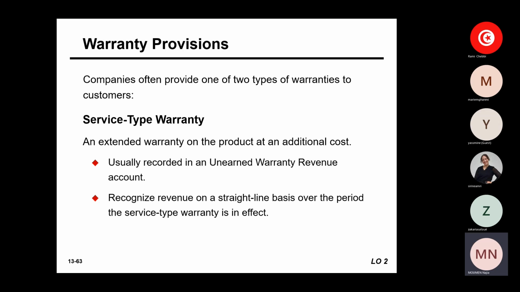It will be recognized as revenue on a straight line basis over the period the service type warranty is in effect. So if you have this additional 2 years warranty, every year you will have to recognize part of it, meaning you debit unearned warranty revenue and credit warranty revenue, for example half of the amount.